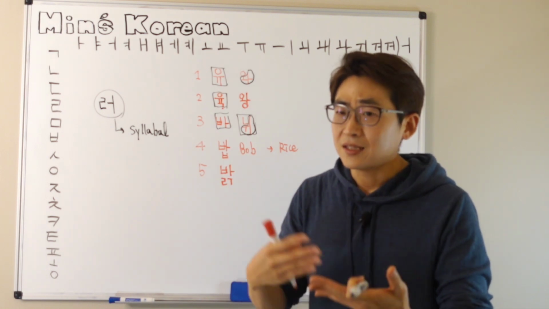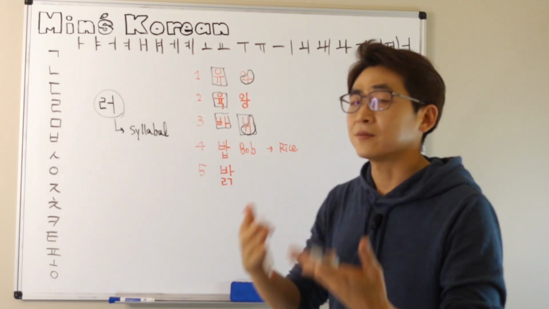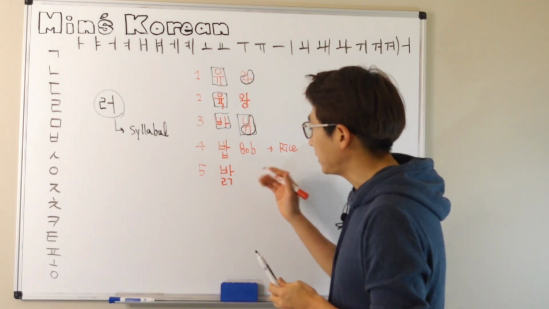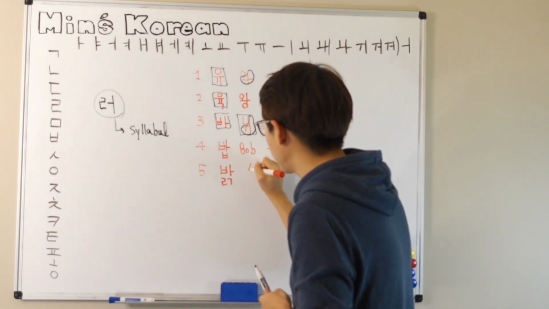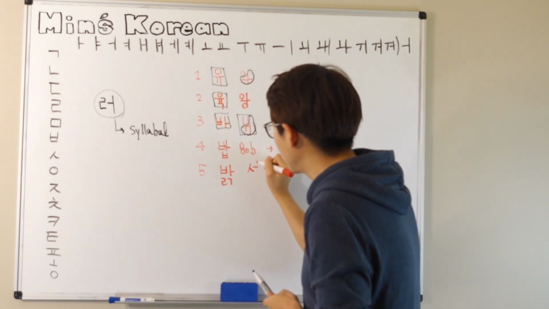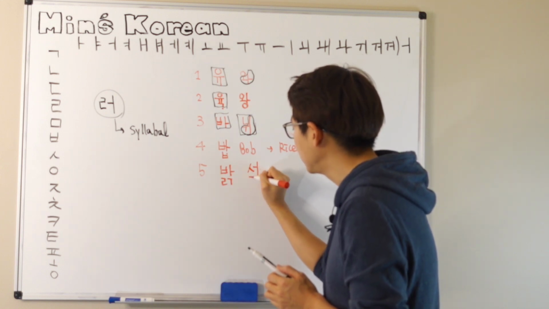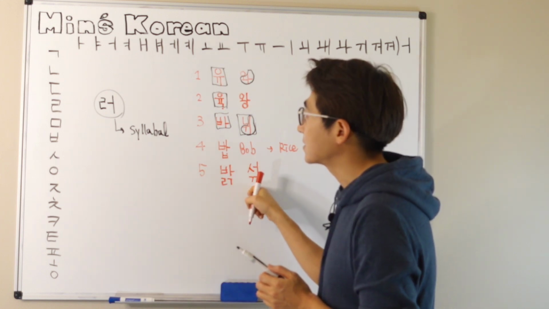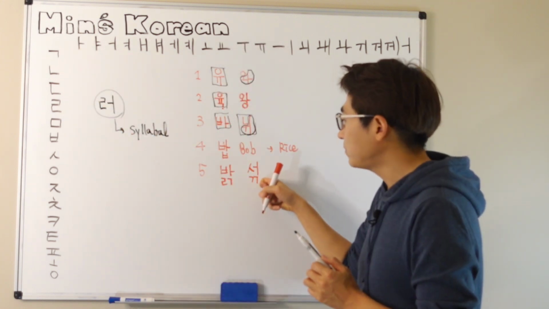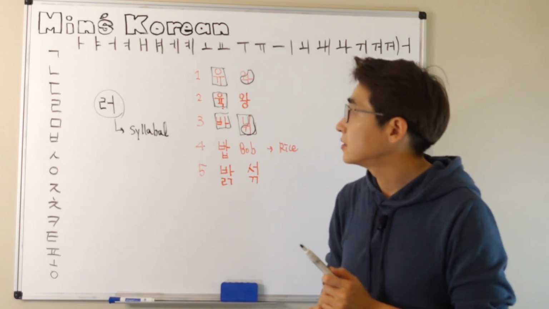This is always done by a set of rules, and you have to follow the right order. Let me give you another example. We can have siot, which is this one, and we can do "seo," and we can have two giyeoks as the ending consonant, and we only pronounce one of them. So it's "seok."